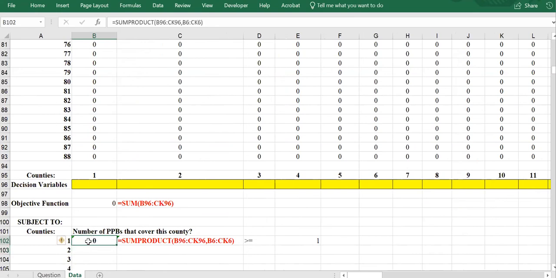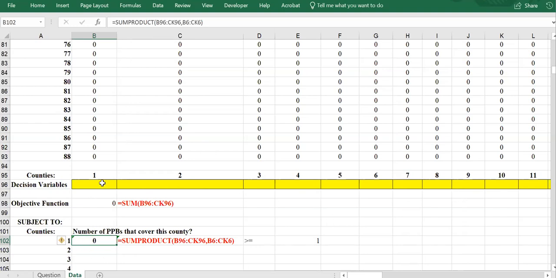The left-hand side tells you the number of PPBs that cover this region, that are eligible, that actually make county one eligible to have one branch in it, right? That actually makes the company eligible to operate in county one. Right now we don't have any PPBs there, so there's nothing.